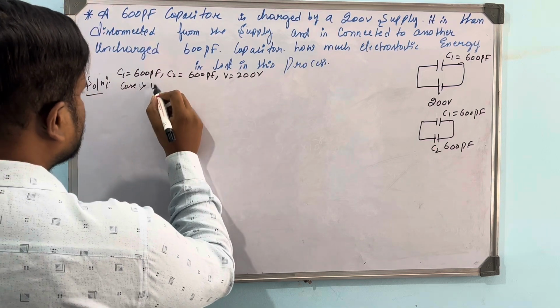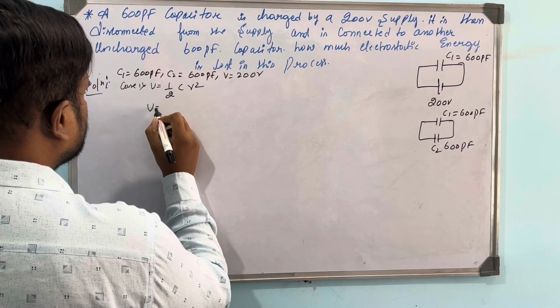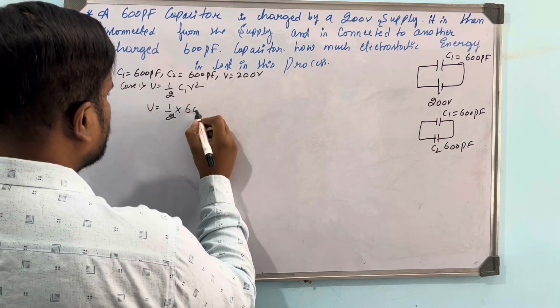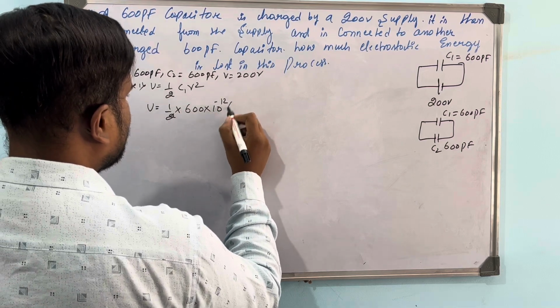What is the energy equation? U is equal to half C V square. So U is equal to half C1 V square. What is the C1 value? 600 into pico, that means 10 to the power of minus 12, into V square.